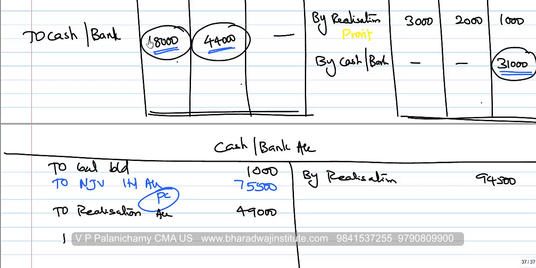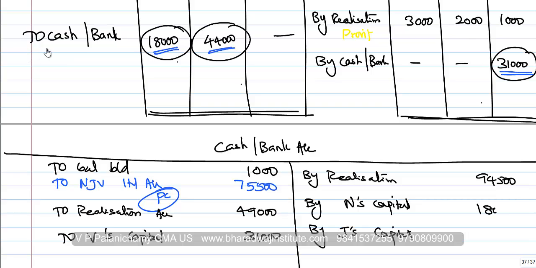Then to V's capital, we collect 31,000. By N's capital, 18,000 and what? 44,000.